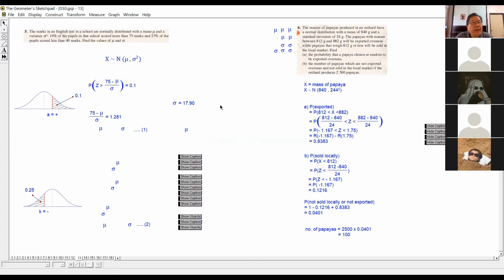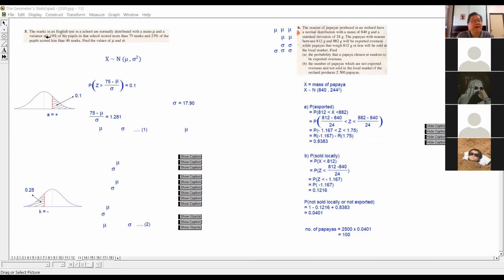So now there is a test or an exam, and the marks are distributed with the mean mu and the variance sigma square.